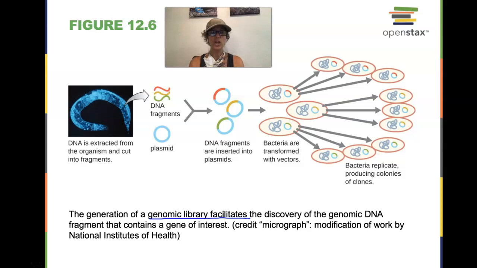Genomic libraries means that we extract DNA from some organism and cut it into fragments, just like we did on the previous slide, and insert it into plasmids and transform that into the bacteria, and then we will have lots of different types of DNA.